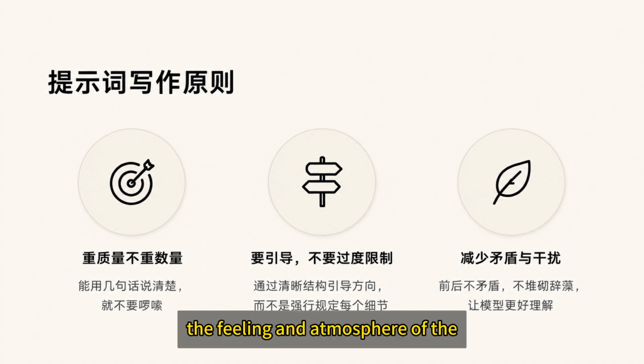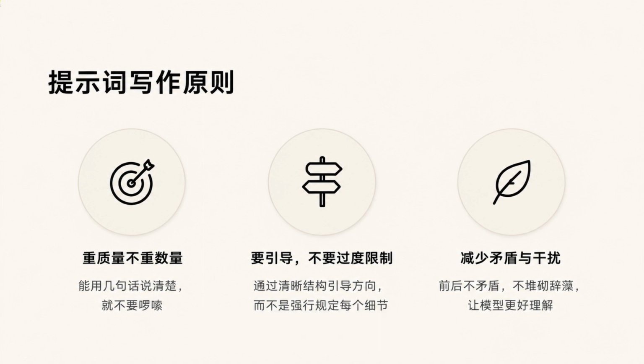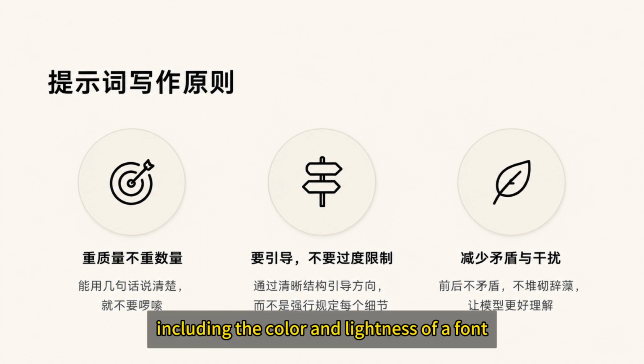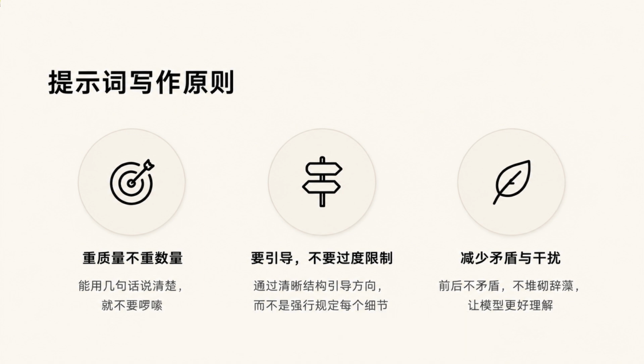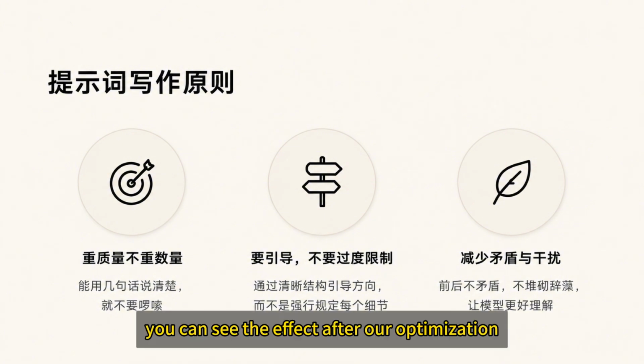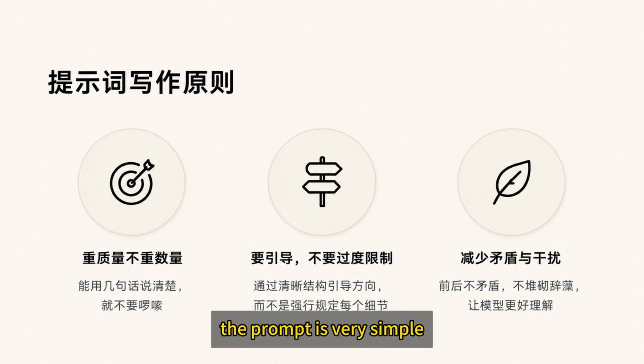The feeling and atmosphere of the picture are used as a reference, including the atmosphere of a font, including the color and lightness of a font. By using this method for reference, you can see the effect after our optimization. The prompt is very simple.